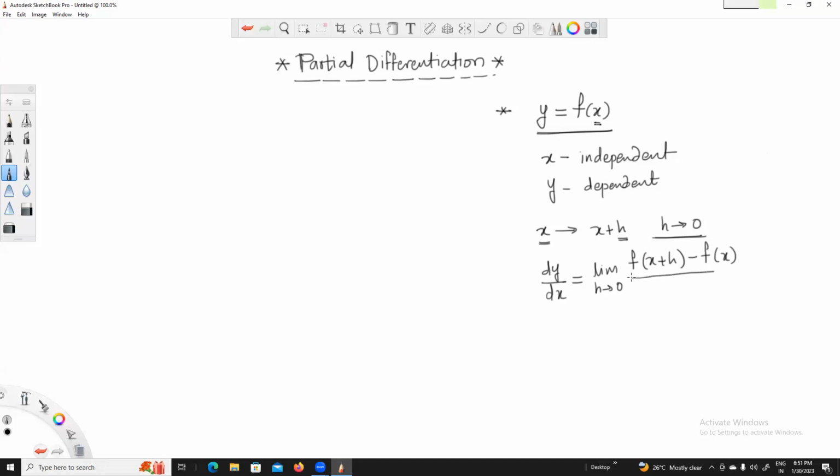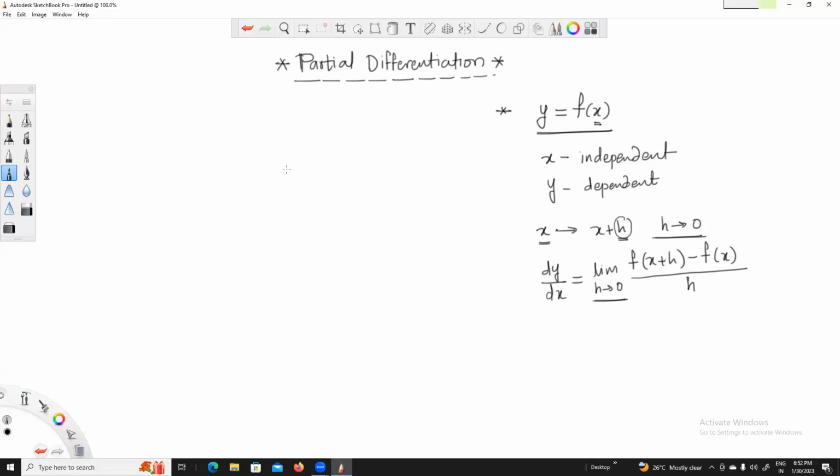So this is basically y at x plus h minus y at x. This is the difference in y with respect to the difference in x, because we perturb the value of x from x to x plus h by a small quantity h. That's why the limit is h tending to 0. So this is how we define the derivative of a single variable function, meaning y is only dependent on the variable x.